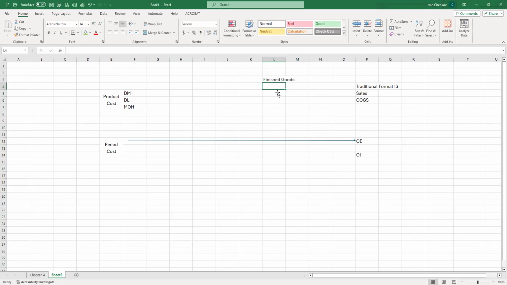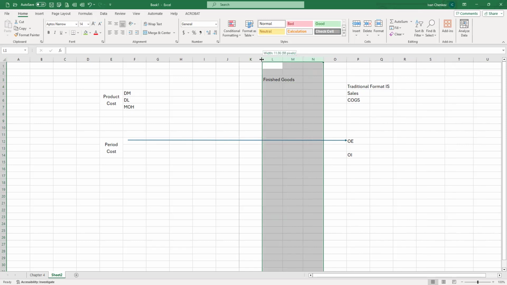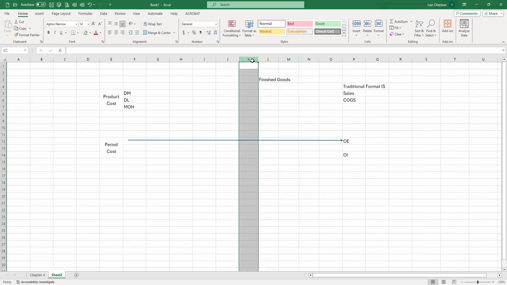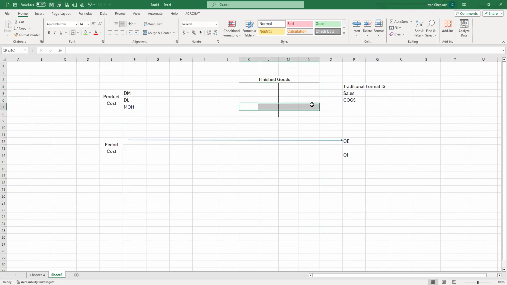Because once we sell our finished goods, we can see what our cost of goods sold will be. Cost of goods sold is going to come from the finished goods account. Make sense? Now that's a balance sheet account. We already know that. But that's where the cost of goods sold is going to come from.